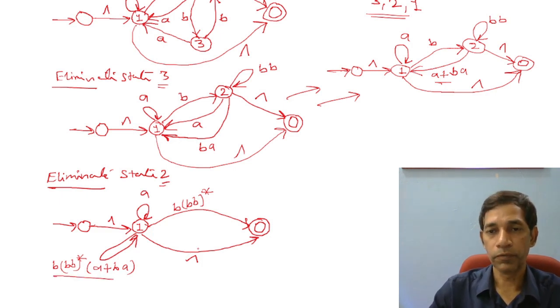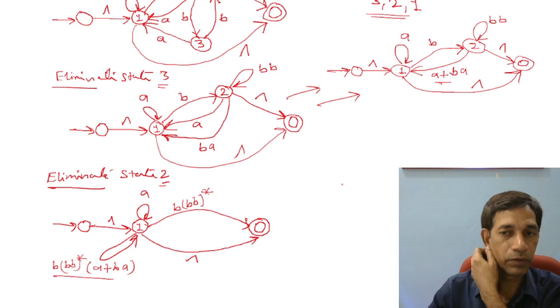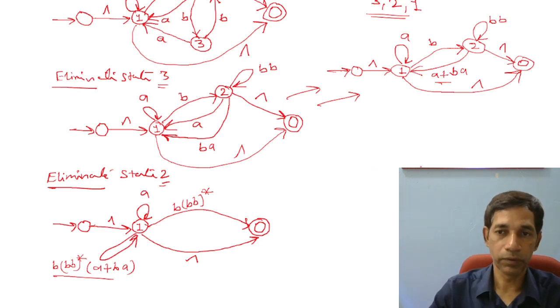So from 1 you are going to the state 2 for the B, then you have to repeat BB any number of times, 0 or more times. So BB clean star, then you have to concatenate with the regular expression A plus BA.